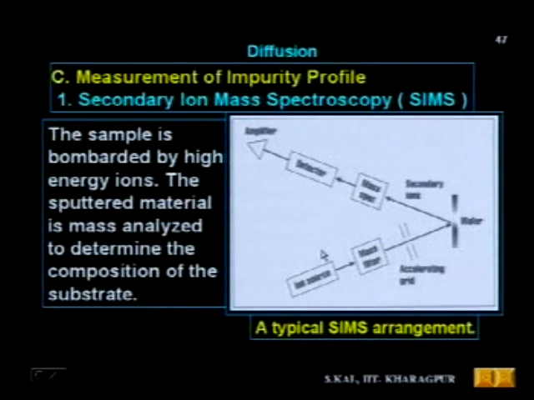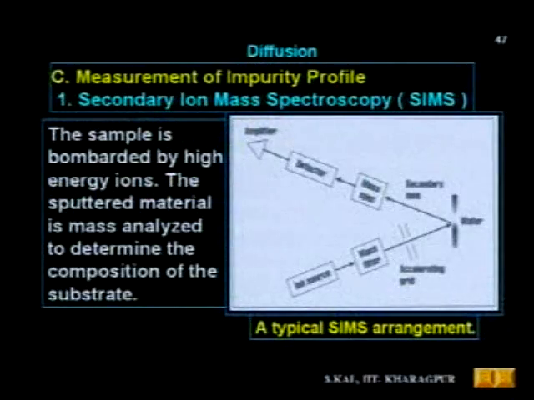It basically seems a heavy instrument, a highly complicated instrument, and it's not so simple if you look into the SIMS machine. All these operations are done at very high vacuum, of the order of 10 to the minus 10 millimeter of mercury. So a big vacuum chamber is required, and for acceleration you need a high electric field in the range of kilovolts, several hundred or thousands of kilovolts.